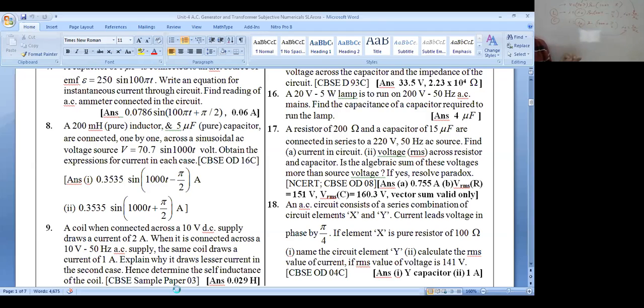In case of capacitance, I naught equals V naught divided by XC, where XC is 1 by omega C. So you can write V naught upon 1 by omega C, or directly omega C V naught. Putting in the values, you can find the maximum value in each case, and write the equations: I naught sin of omega t minus 90 for the lagging current, and I naught sin of omega t plus 90 for the leading current.